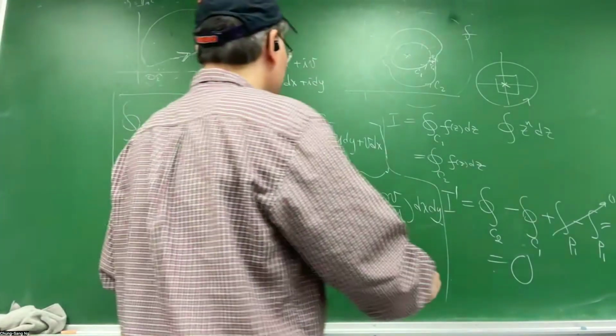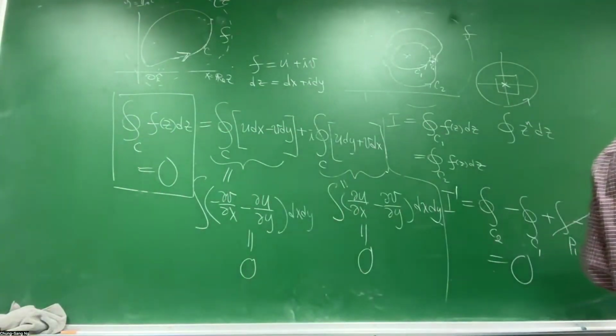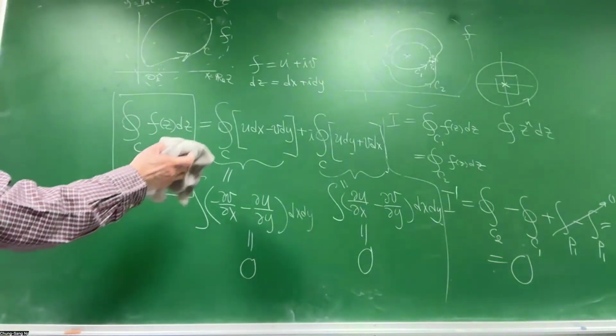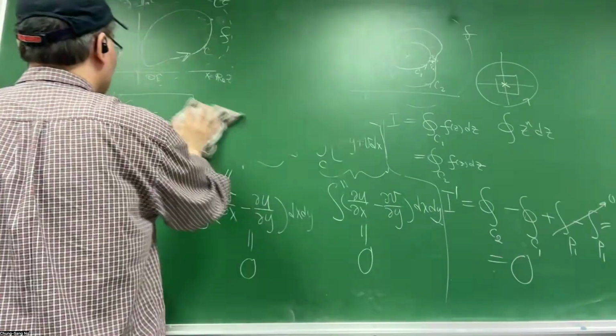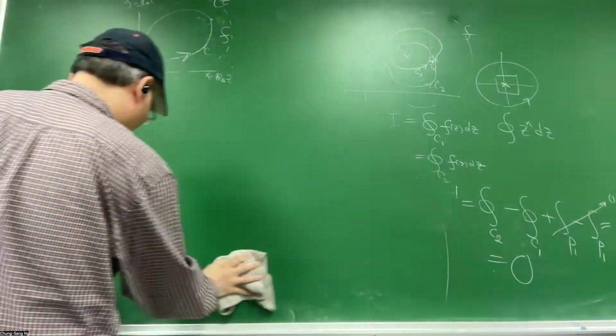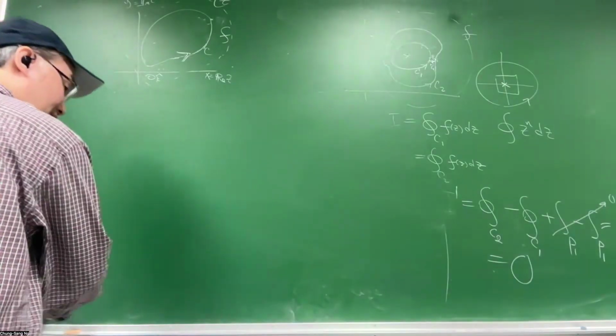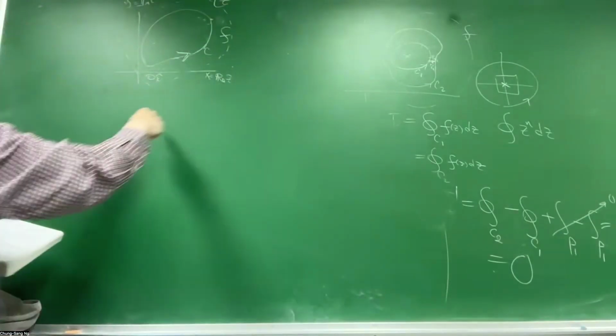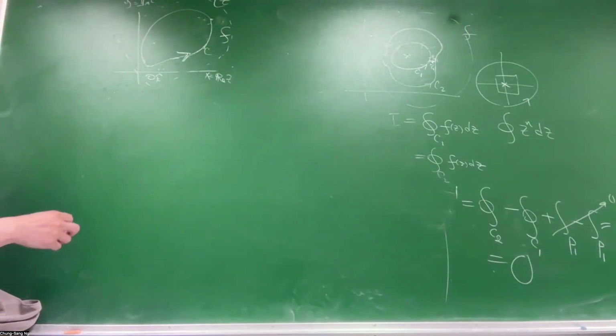So now the idea is the same. You have f as a function of z that is analytic over a certain region.